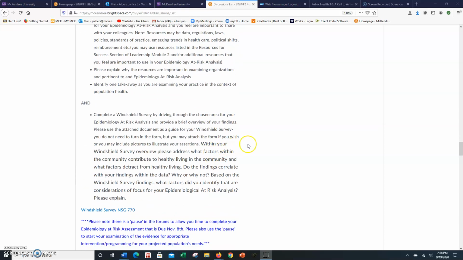You're also going to be, wherever your area of focus would be geographically, completing a windshield survey, and these are invaluable. It helps us to examine the experience of health beyond, say, within the walls of an organization.